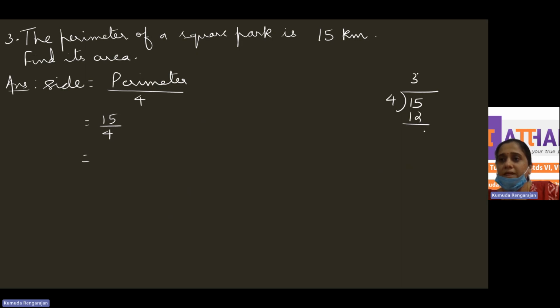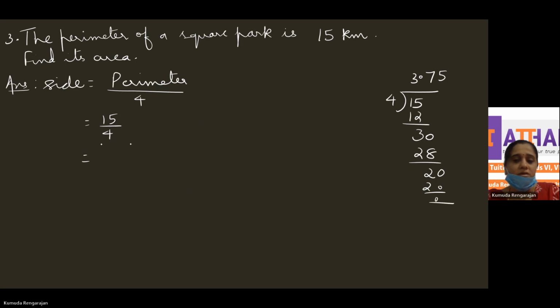What's the remainder? 3 is the remainder. Then keep a point, add a 0. 4 7s are 28. 2 is the remainder. Add a 0. 4 5s are 20. So it's 3.75 kilometers.